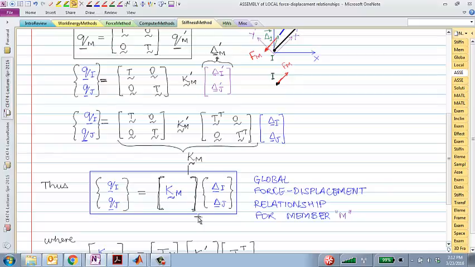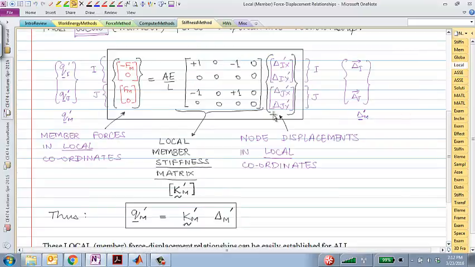Right? That would be exactly this relationship. Now, instead of horizontal, if it is oriented vertical, would this relationship change?